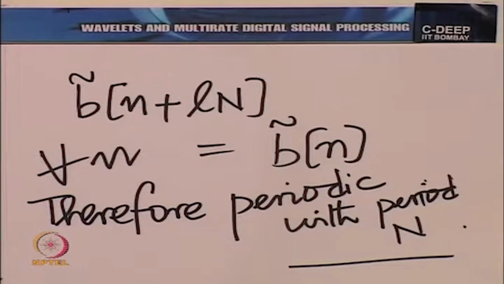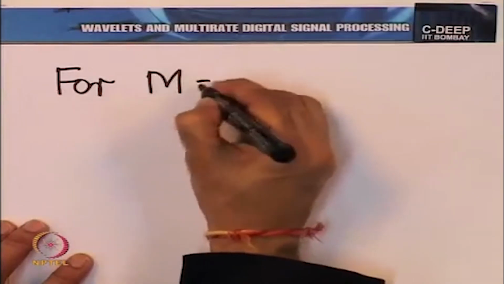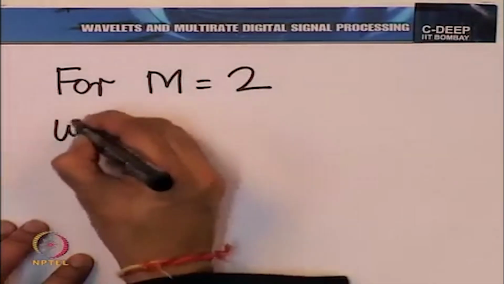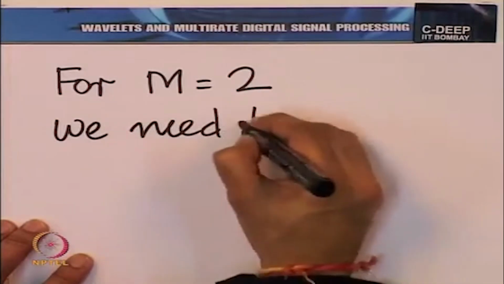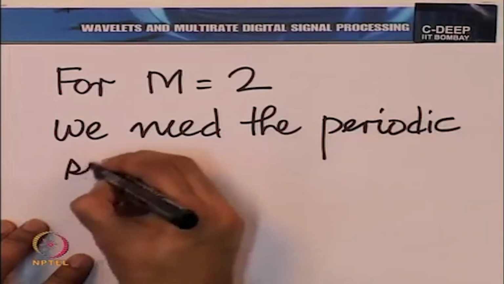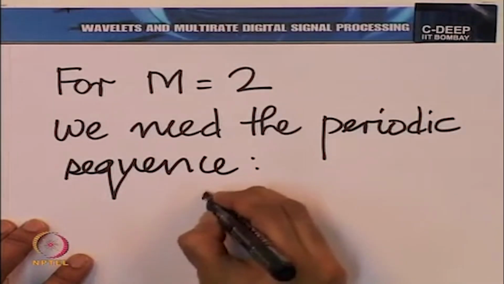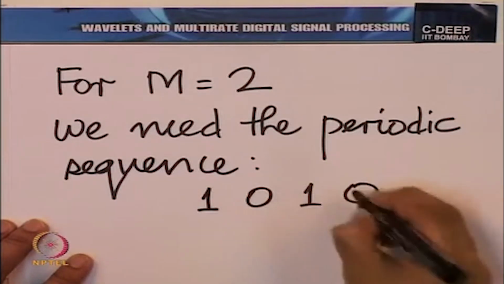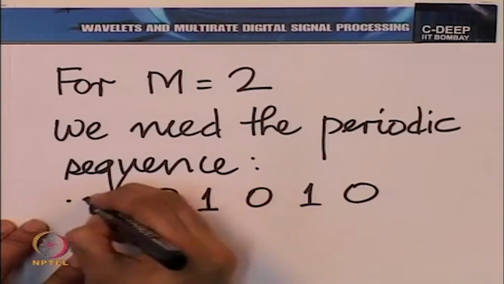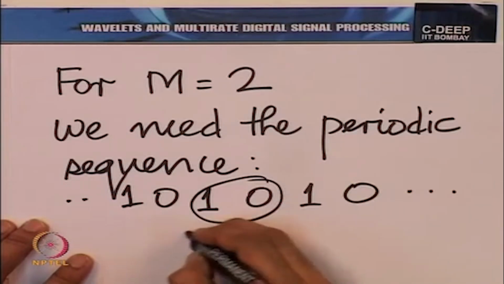Let us exploit that. Let us now take the case of capital M equal to 2. There it is easy. We need the periodic sequence 1 0 1 0 and so on and so forth, and we exploit just one period here.